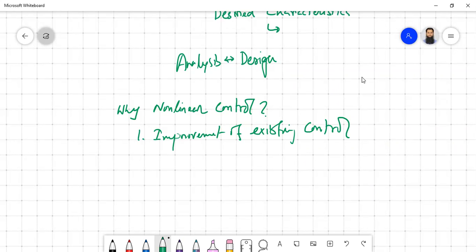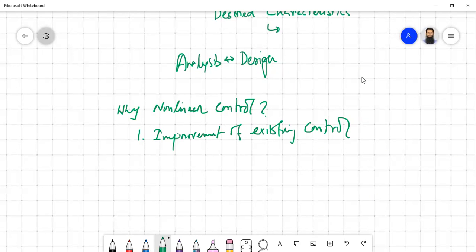Also, the nonlinearities can become very dominant, like in the case of speed of motion. Say you're designing robotic arms or robotic limbs. The speed is important there.